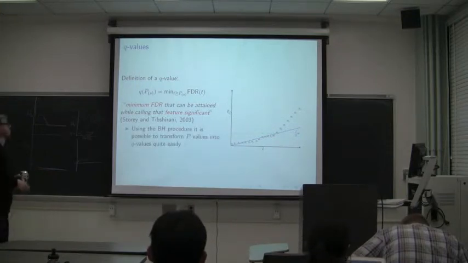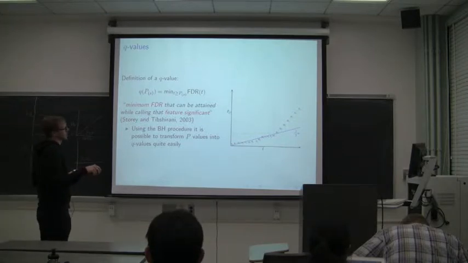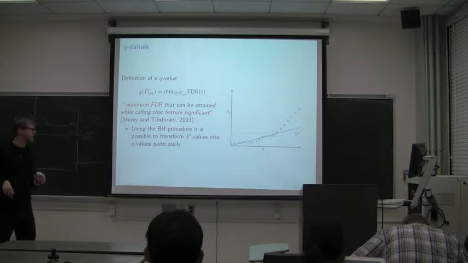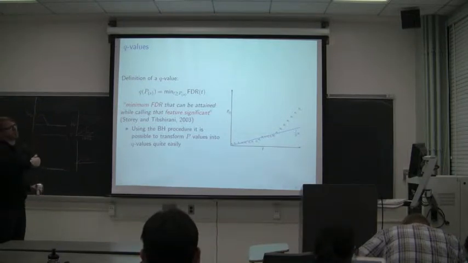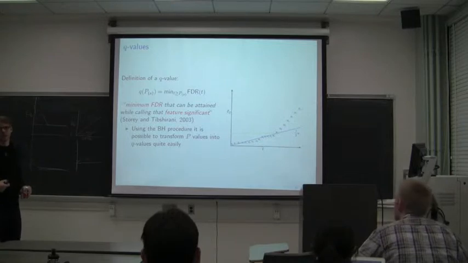And if we compute the false discovery rate at every single hypothesis using the algorithm I just described, we can just read off the Q values by going from right to left.